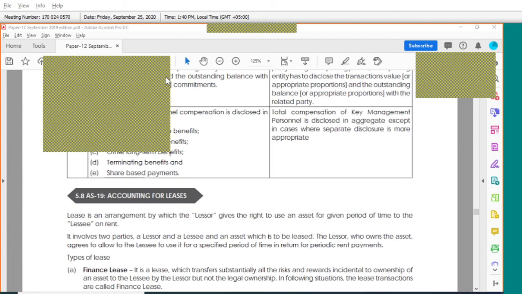Show it as an asset in the balance sheet as a leasehold property, by deducting rent. You can show it as an asset.